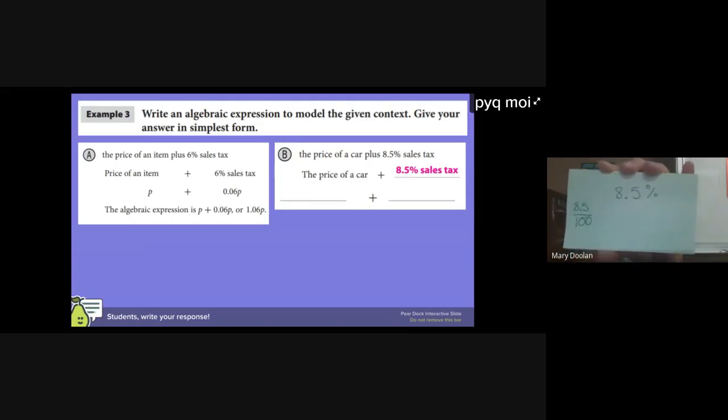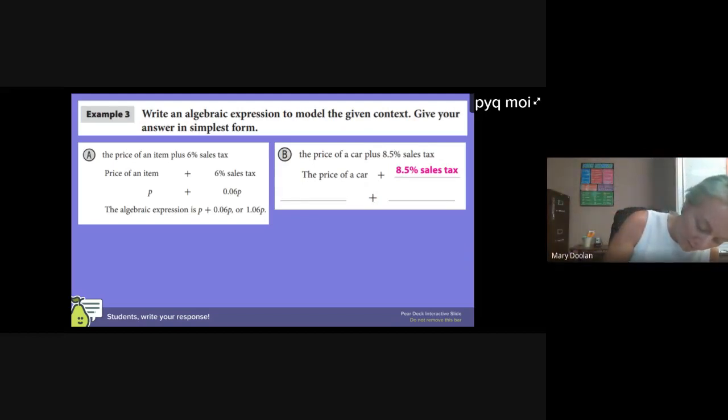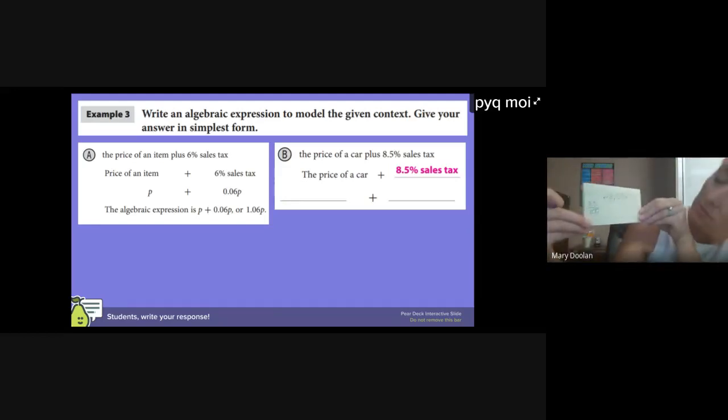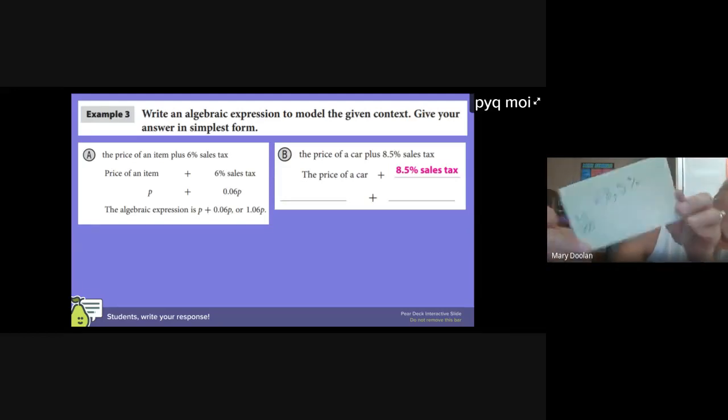But this doesn't look right. We don't usually have decimals in a fraction. That's strange. So it's division. It's 8 5/10 divided by 100. Another way to think of that is you're literally moving your decimal point to the left twice.